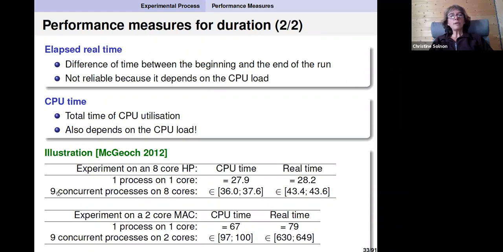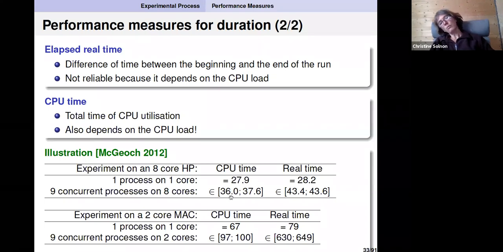However, when we launch 9 concurrent processes on 8 cores, we overload the CPU, and we observe that the CPU time is slightly different from one process to another, but it is much larger than when I launch only one process on one core.